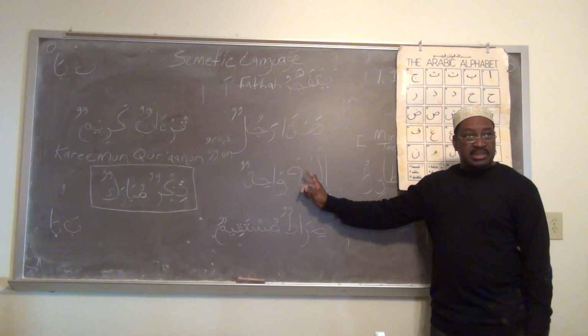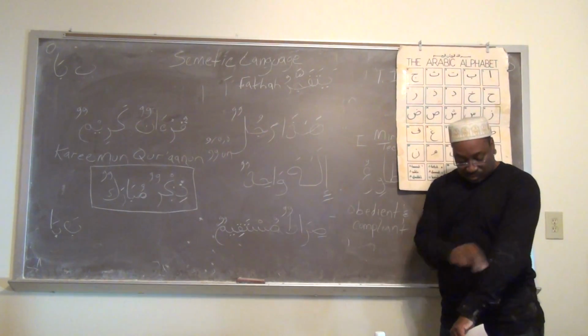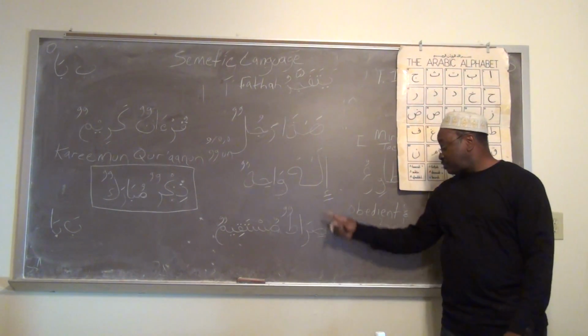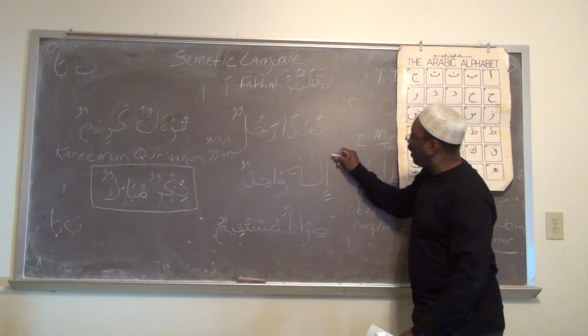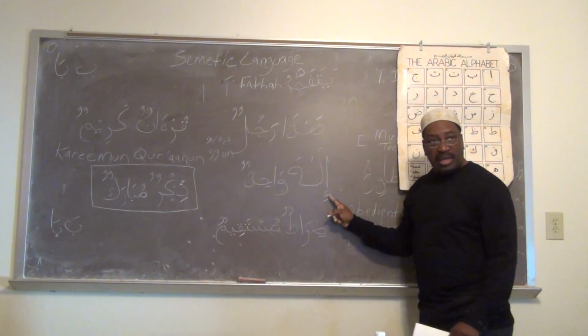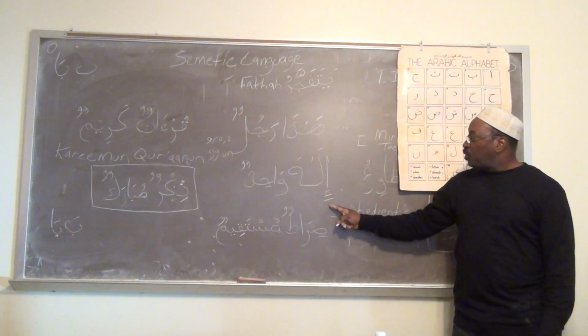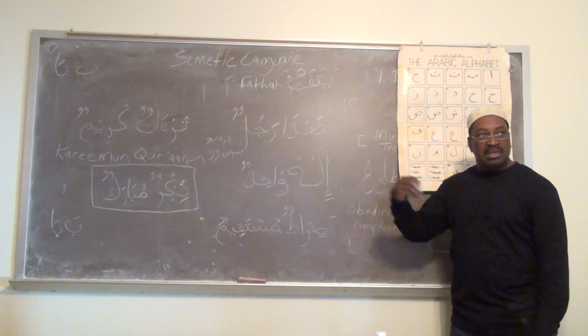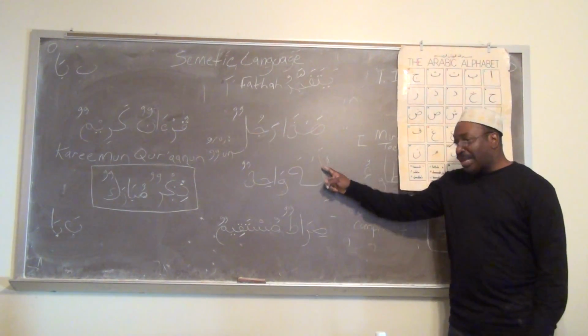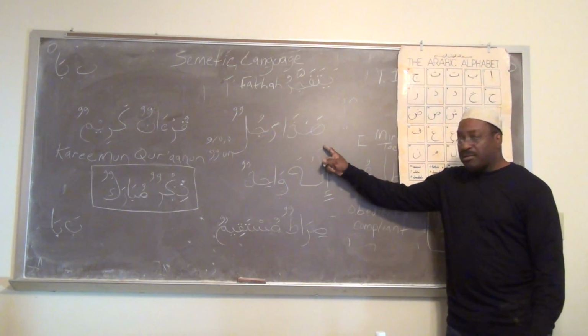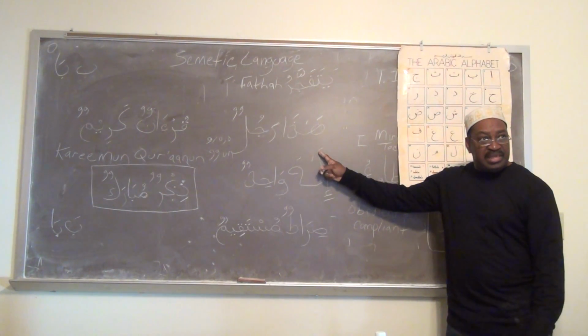So let's look at this one here. What do we have? First of all, we have Alif with Hamza and Kasra, so we know in the abrupt sound it's an I. Then we have Lam. Look what we have: Fatha, that gives an A sound.